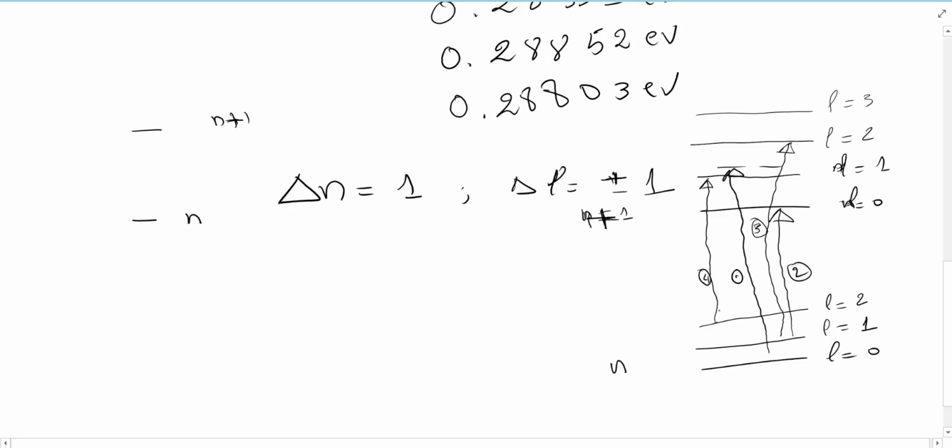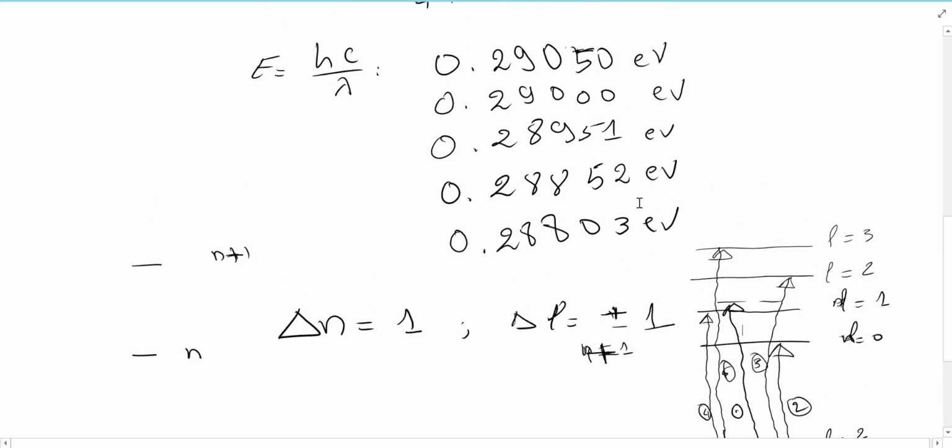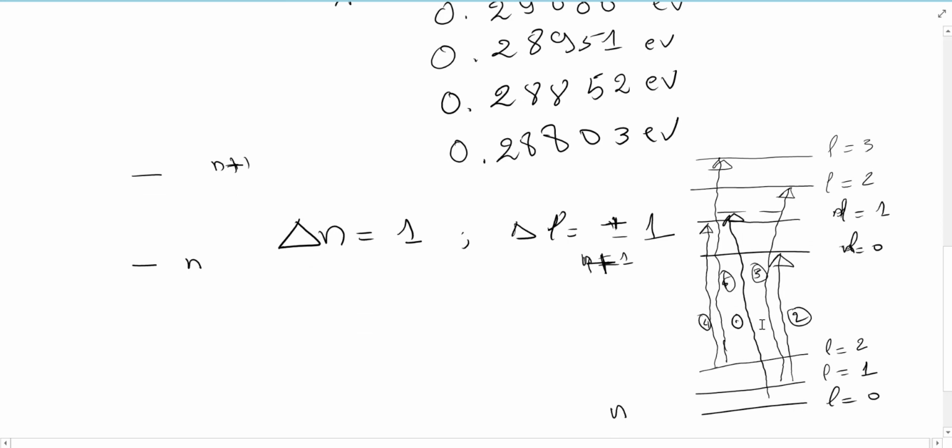We cannot go to L equals 2 again, or even L equals 0, because that corresponds to delta L equals 2. So these are the 5 lines we're looking at. We want to rank these transitions from the highest to the least energy, and that is where we're going to find which ones they are.